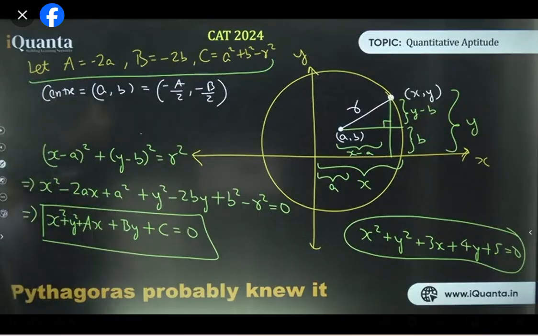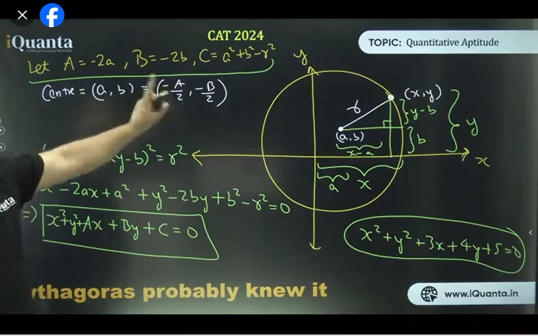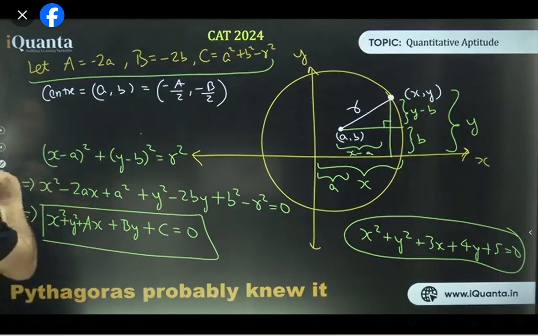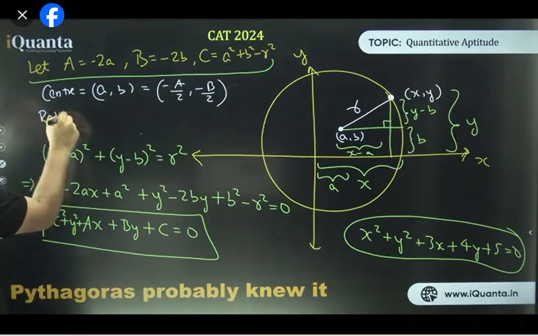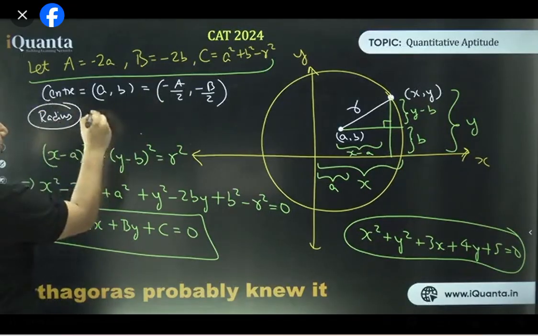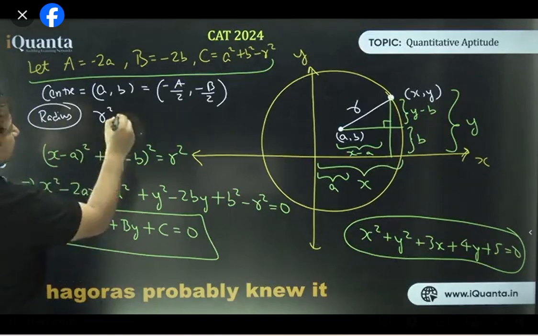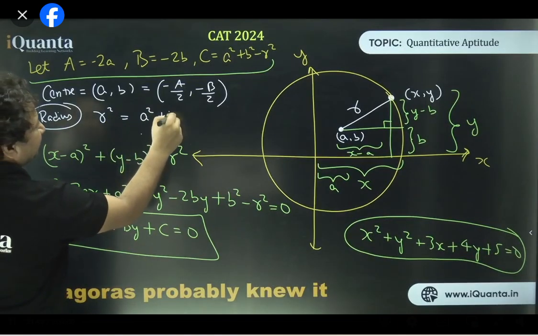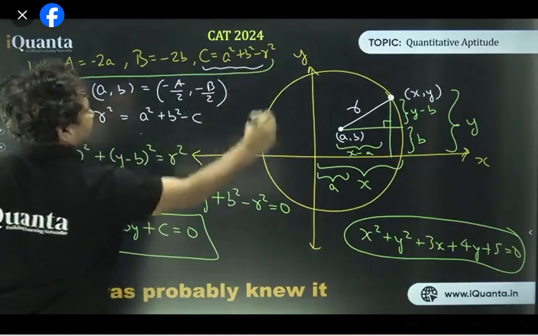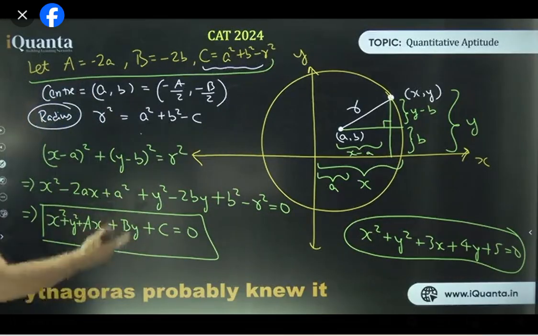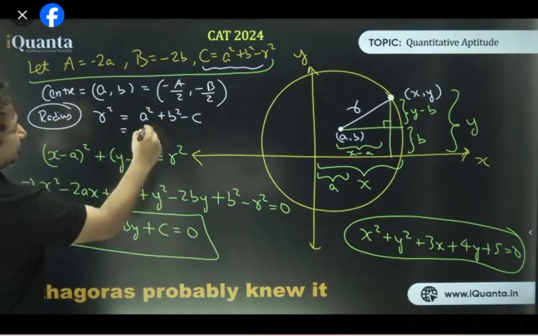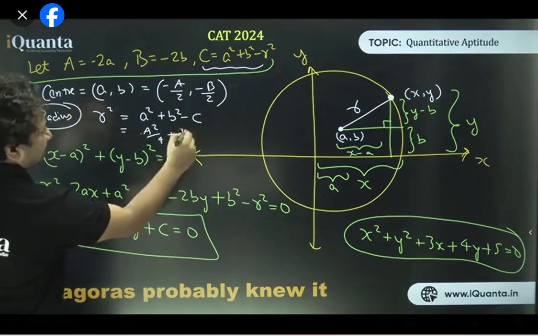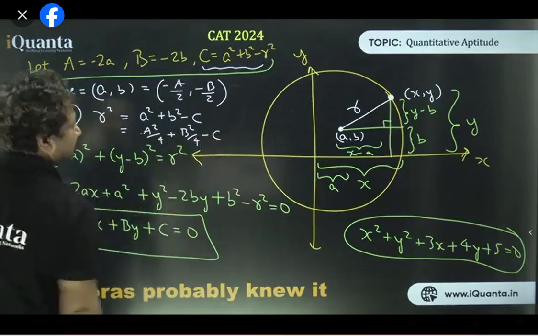So if you get the standard equation of a circle, we know the center will be minus A by 2, minus B by 2. And radius: r square is equal to a square plus b square minus c from this equation, yes or no? And a itself was minus A by 2. So this can be written as A square by 4 plus B square by 4 minus C.